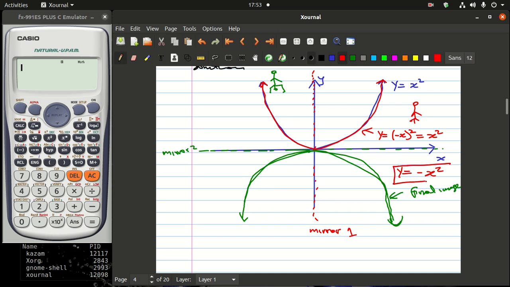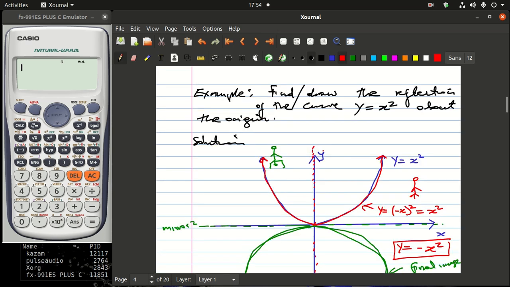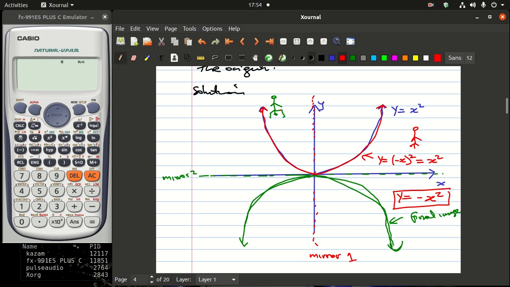So that's how you go about this. Some people will think that every function you are given is just going to point down. No, that's usually not the case. It's because whenever you have y is equal to x squared, this is an even function.